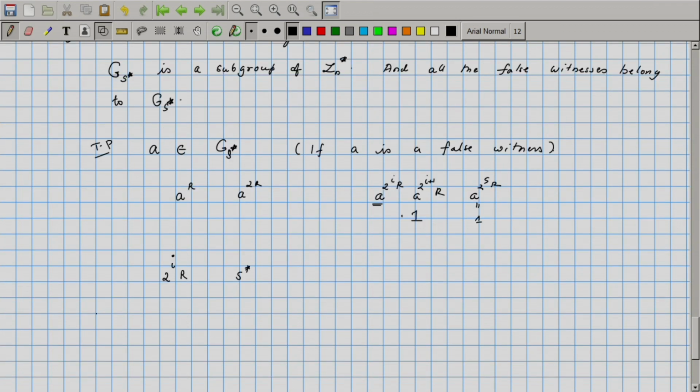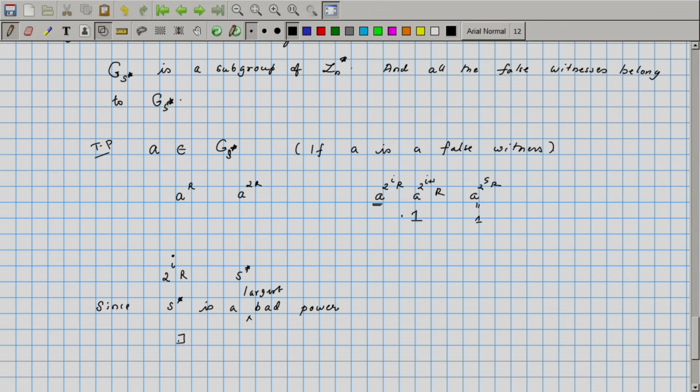So, since S star is a bad power, it is the largest bad power.